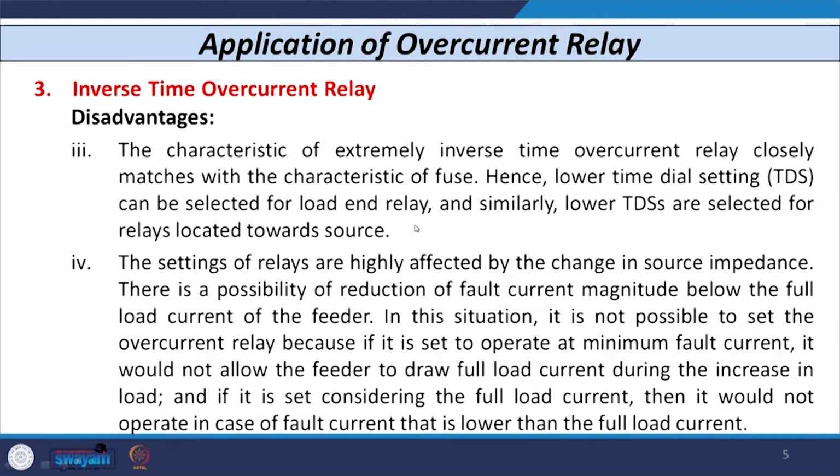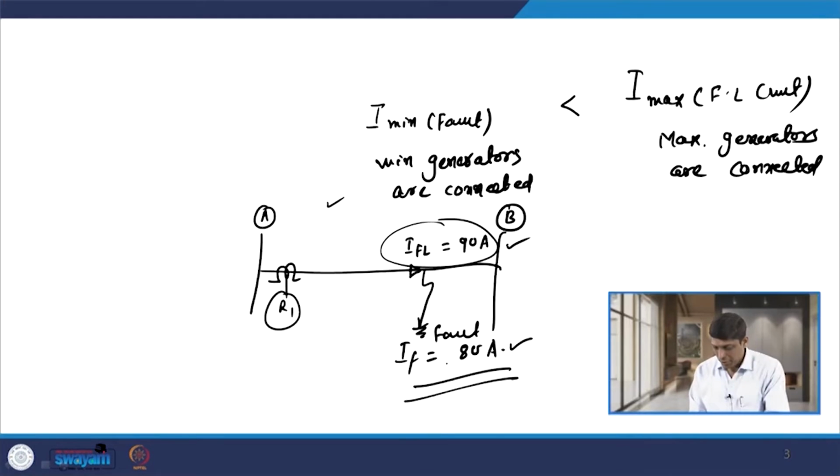So, it is very difficult to decide the setting in this case if I use the inverse time overcurrent relay. And again the question comes to mind: even though the magnitude of fault current here is lower than full load current, is it harmful to the feeder?